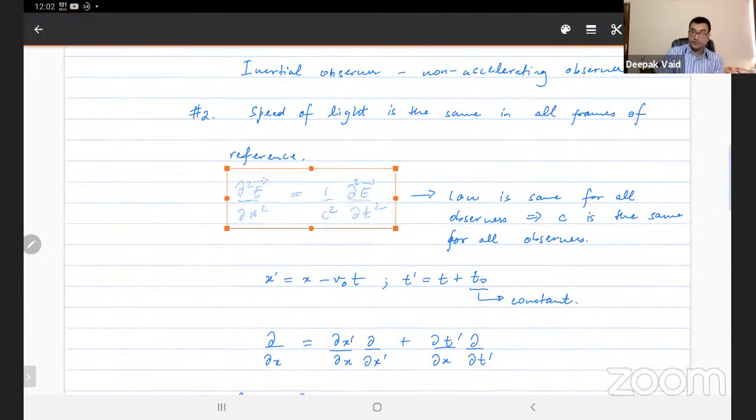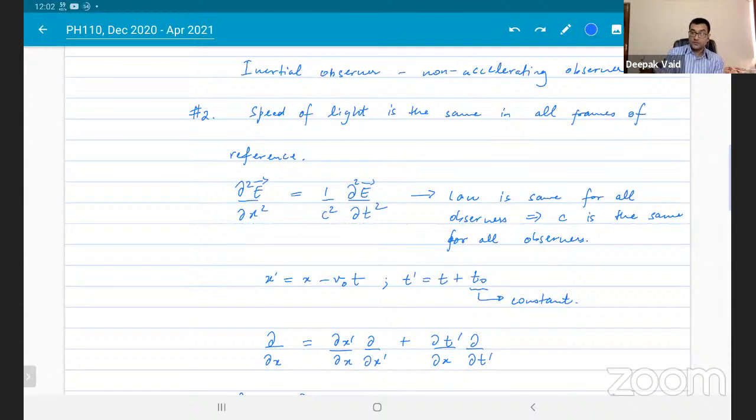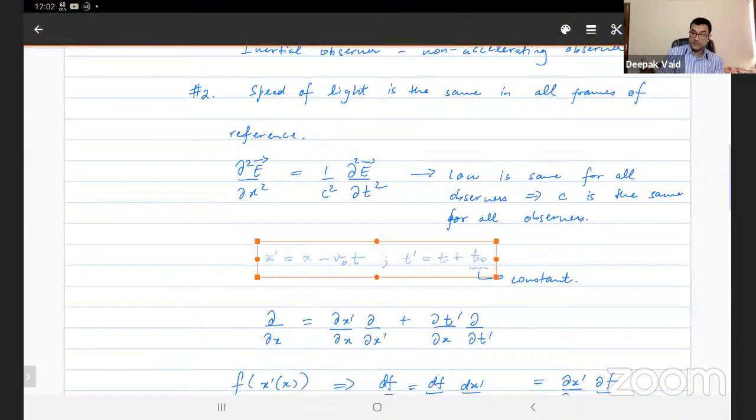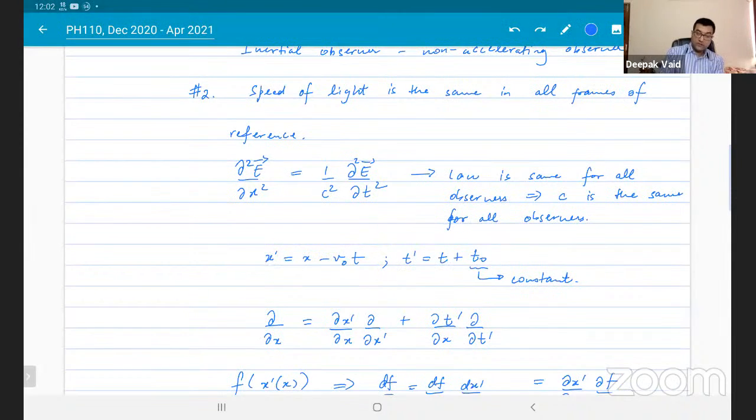So this is what needs to be done when you look at this wave equation. When you look at this wave equation in these new coordinates, what will happen is the wave equation no longer has the same form. You will get d squared by dx prime squared, 1 by c squared d squared by dt prime squared.